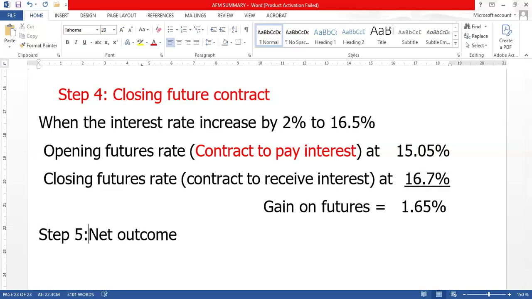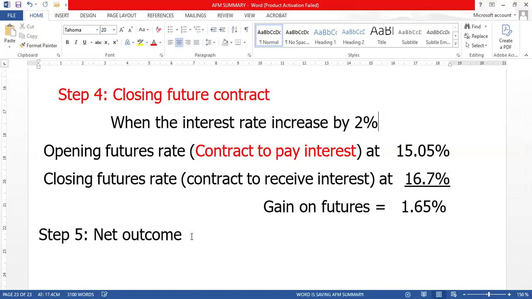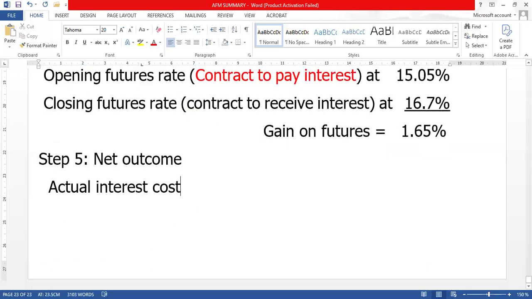When the interest rate increased by 2%, for the net outcome you simply look at the actual interest cost that you're supposed to pay.